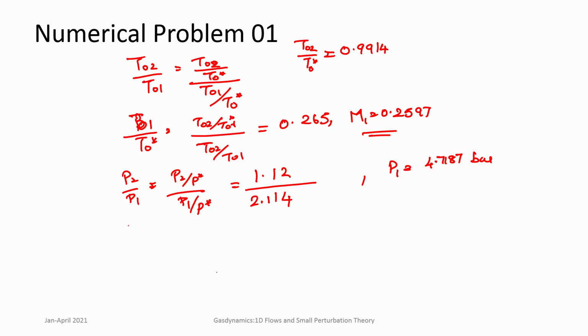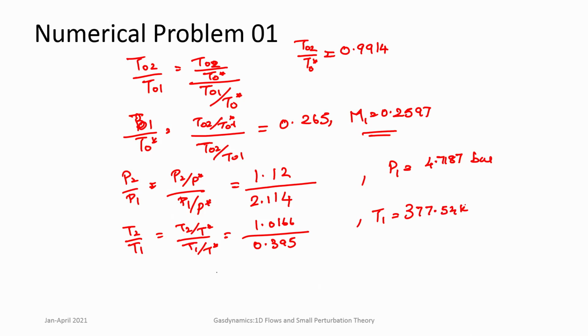What about T2 by T1? On similar lines, T2 by T1 is T2 by T star divided by T1 by T star, and for T2 by T star we have the value 1.0166, while for T1 by T star, it is 0.395, and therefore you can get T1 as 377.54 Kelvin.